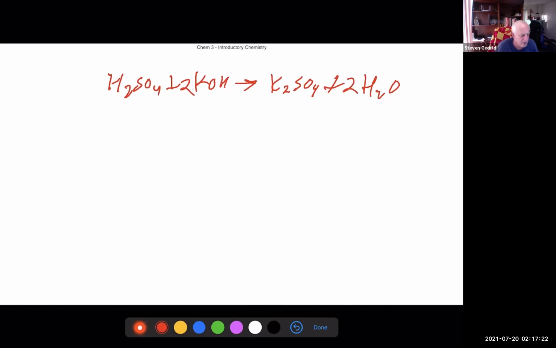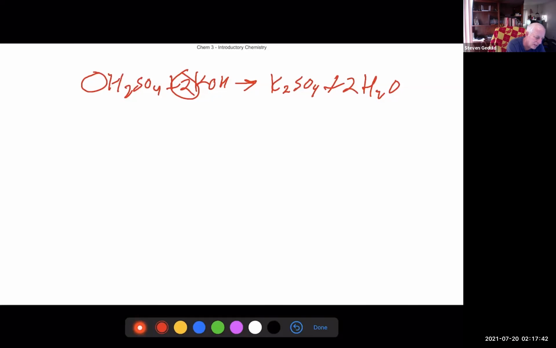Now it's balanced. So now look at the difference here. This is a 1 to 2 relationship. You have to account for that because it's a molar equivalent as you're dropping it in to neutralize it. It's still the same equation, except you're going to add a coefficient in front of each one.